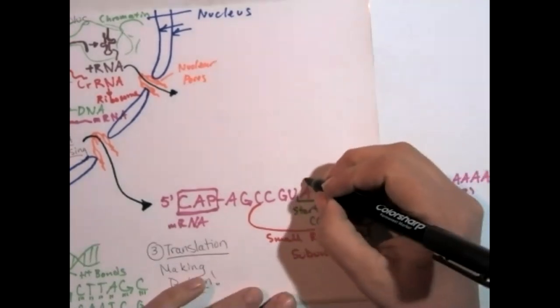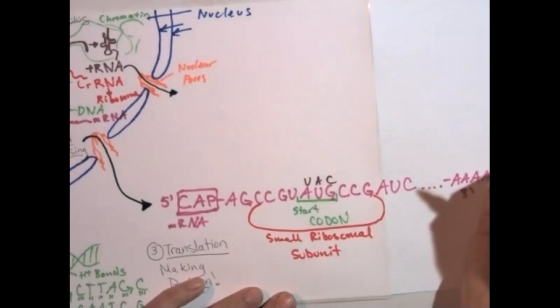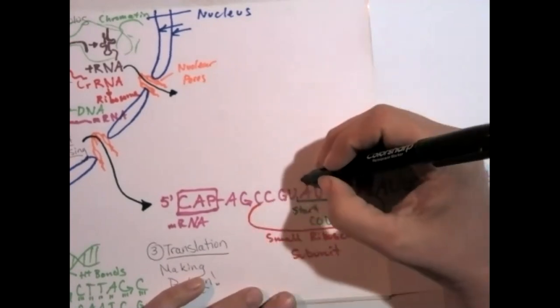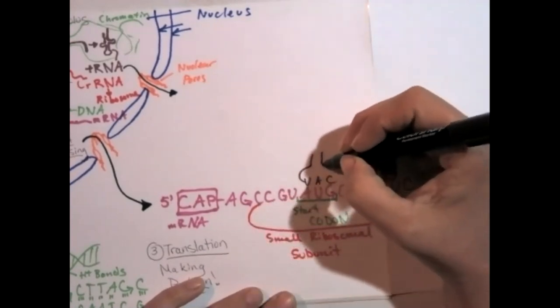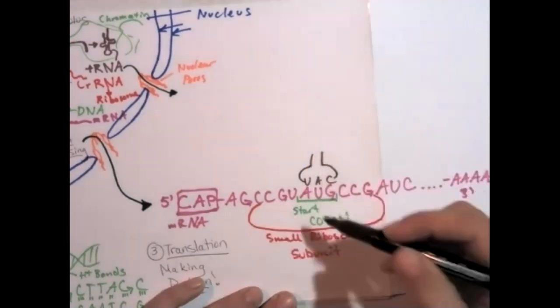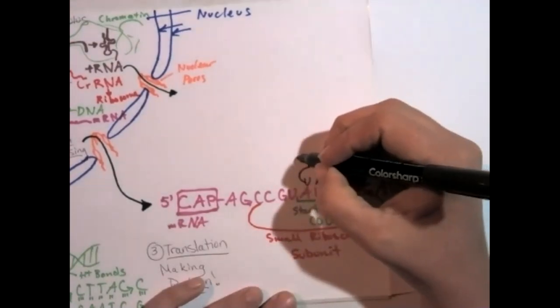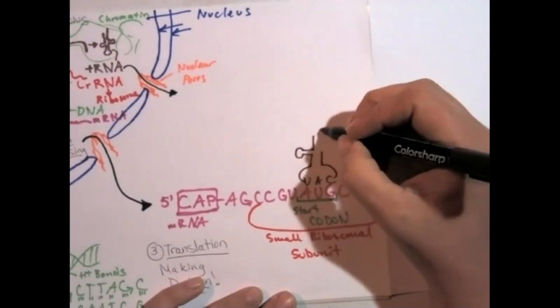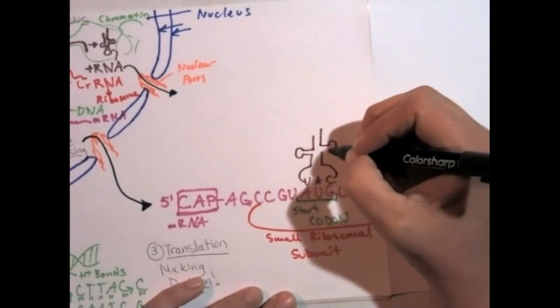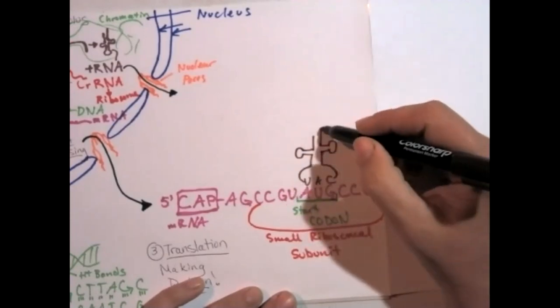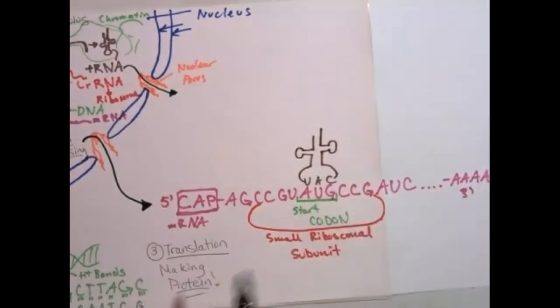The complementary anticodon would be UAC. And this line that I'm drawing is just the rest of the sequence of the tRNA, so this is kind of what else it would look like.